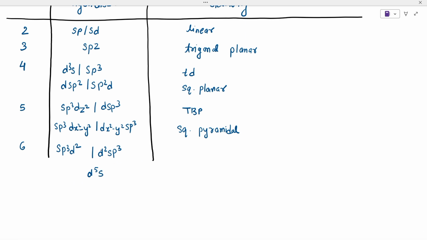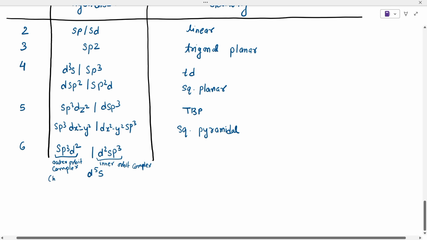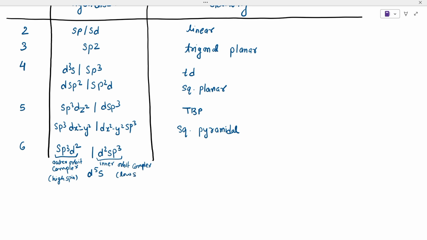In sp3d2, it is an outer orbital complex. And d2sp3 has inner d orbitals used, means inner d orbital complex. sp3d2 forms high spin complexes and inner orbital complexes form low spin complexes.